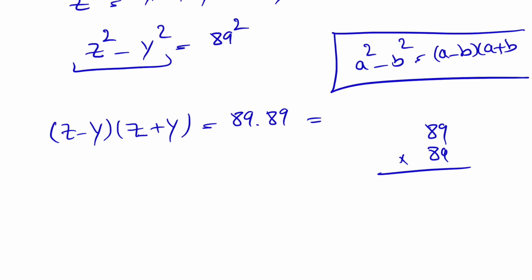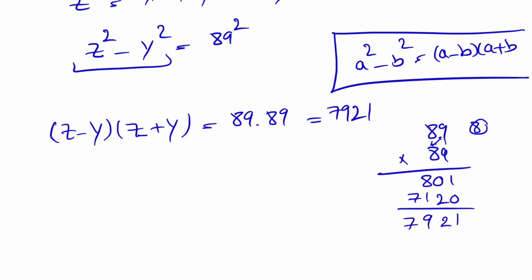So we have 9 times 9, 81, we have 8 in here, so 9 times 8, 72 plus 8 is 80. So we have a 0 in here. We have 8 times 9, which is 72, and we have 8 times 8, 64 plus 7, which will be 71. So this will be equal to 7921.